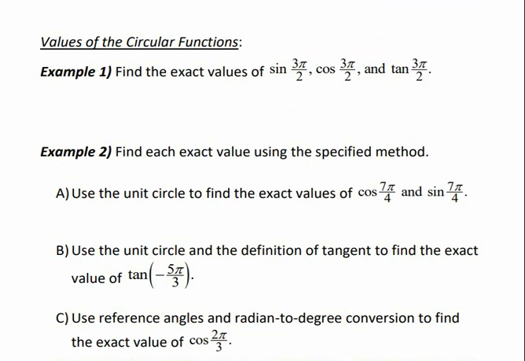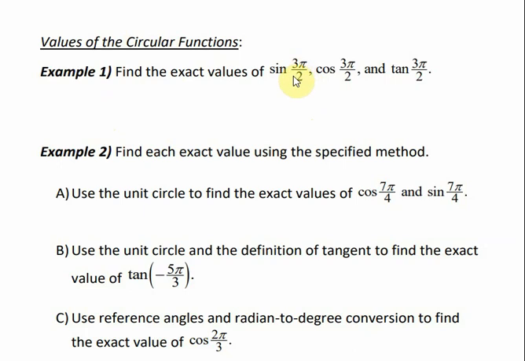Example number 1 says to find the exact values of these trig functions. And the first one they want us to find is the sine of 3 pi over 2. Now, if you'll remember when we first started discussing these, the sine of our angle is the y value.